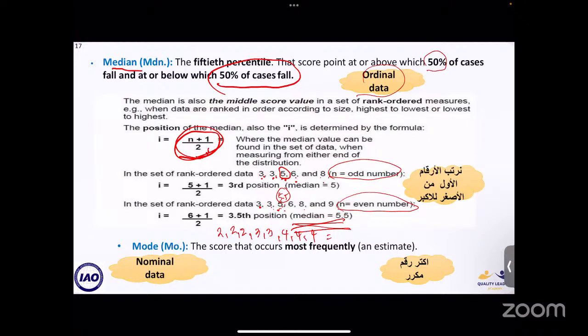Yes, very good. The answer is 3. So these are even numbers. So 8 plus 1 divided by 2. Both values at positions 4 and 5.